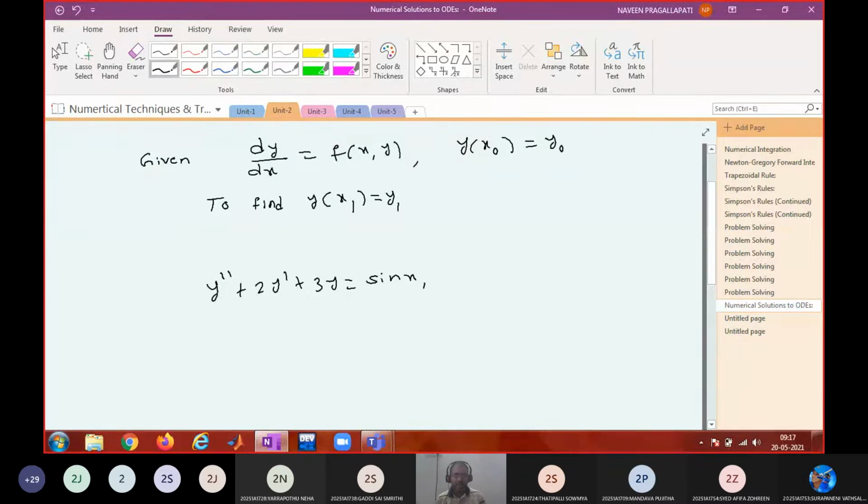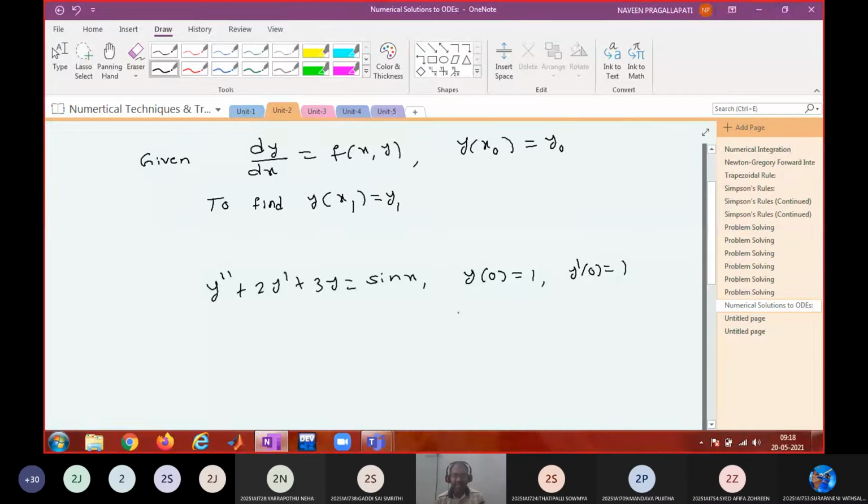Now you will be seeing some conditions like this: y of 0 equal to 1, y dash of 0 equal to 1. You use these conditions to find the values of the arbitrary constants in the general solution. You did that kind of problems, am I right? Yes, sir.